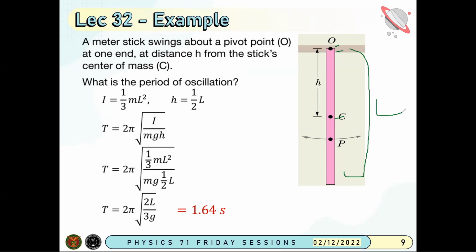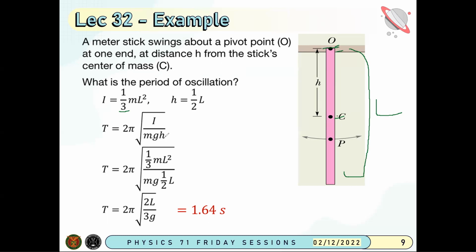And remember, yung moment of inertia ng rod rotating at one end is 1/3 ml squared. So if we plug in our values, the period is 2 pi times square root of I over mgd, where d again is the distance from the center of mass to the pivot point.